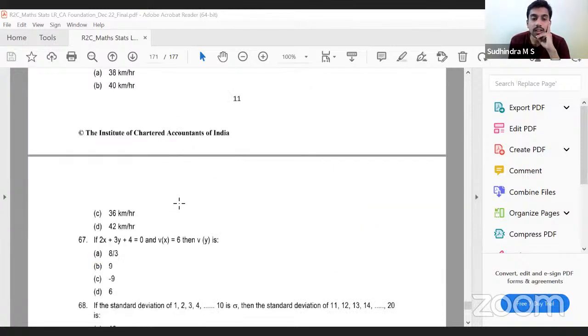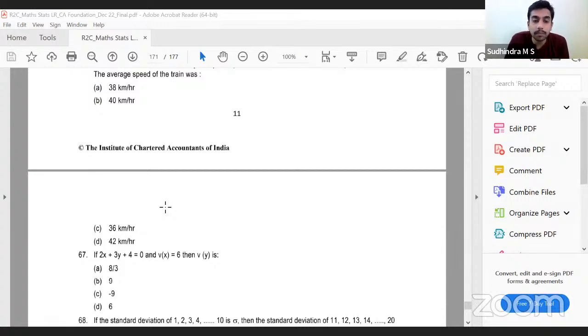Next one. If 2x plus 3y plus 4 is equal to 0, variance of x is 6, then what is the variance of y? Eight by 3.